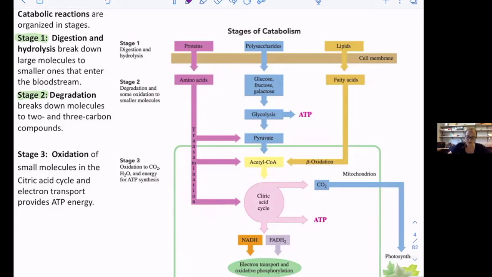And the last stage is called oxidation. So we know what oxidation is. We've seen that a few different times before. These small molecules of 2 or 3 carbon atoms are going to then go through the citric acid cycle. This is actually something we're going to look at in depth in a couple sections, I believe. And through that citric acid cycle, you fully oxidize.